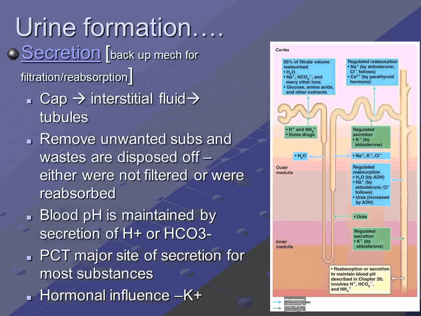Secretion is also important for maintaining blood pH. Remember, one of the functions of the kidney was to maintain the composition of blood. Imagine, for example, your blood pH was too high, so it was very alkaline. What you could do was reabsorb hydrogen ions and throw bicarbonate into the lumen so that it passes out in the urine.